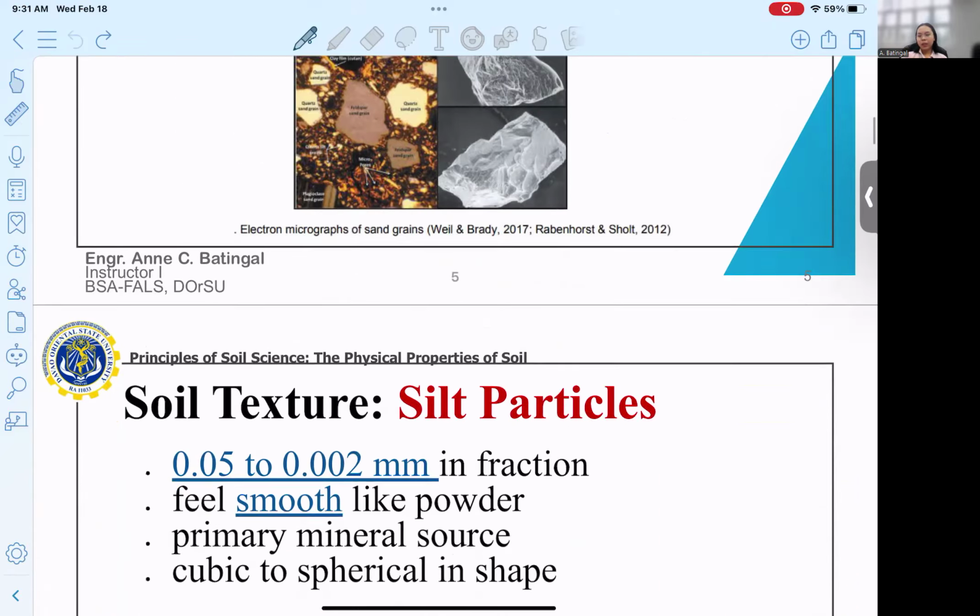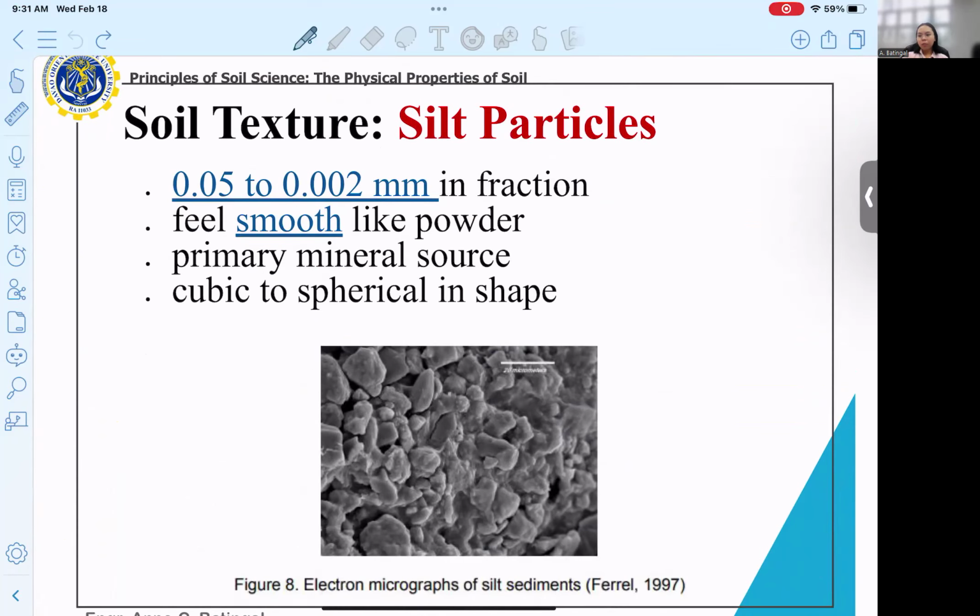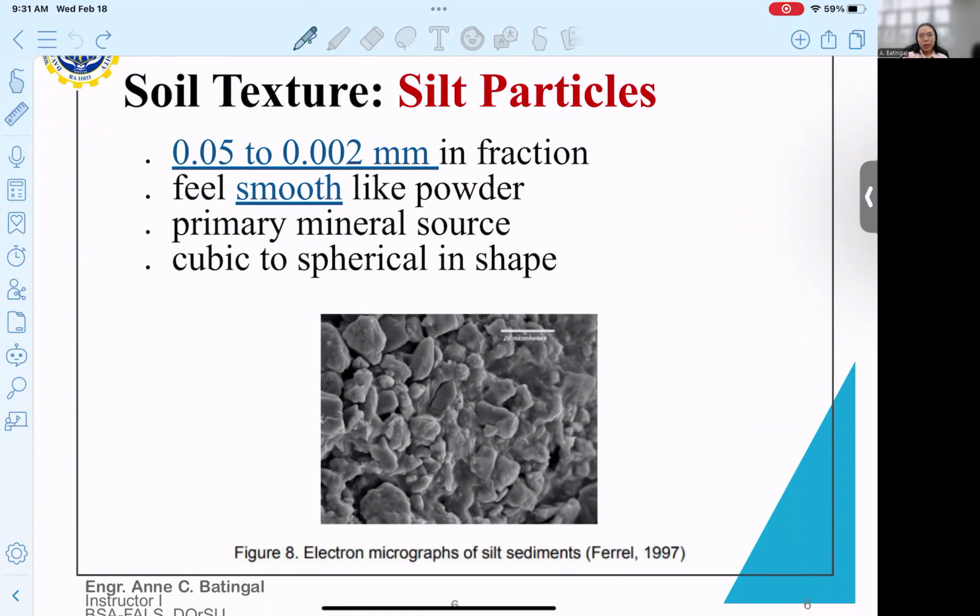Next, you have your silt particles. Your silt particles naman, they are next to sand in terms of size. So it is characterized to have 0.05 to 0.002 millimeters in diameter.